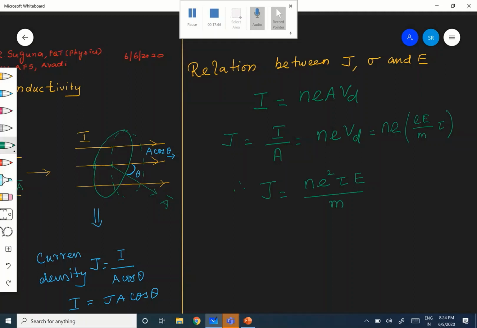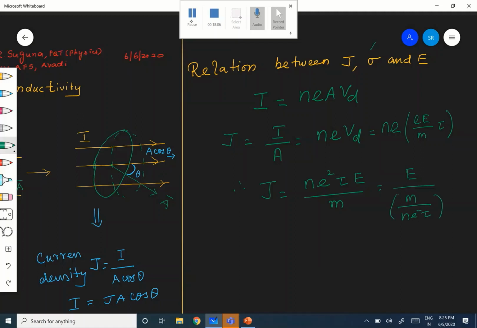Somehow I want to bring sigma here. I'll write it in terms of E divided by m by n e squared tau.